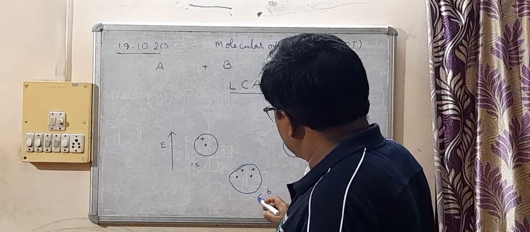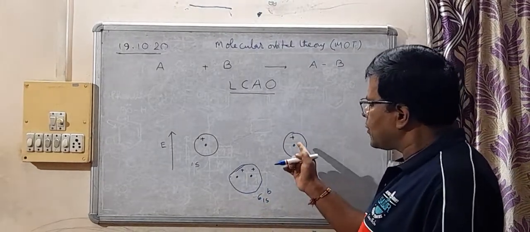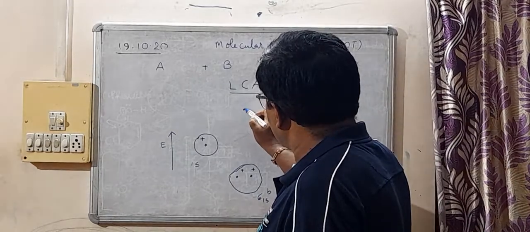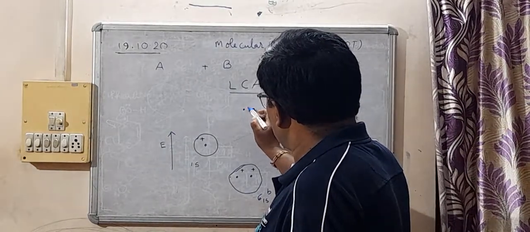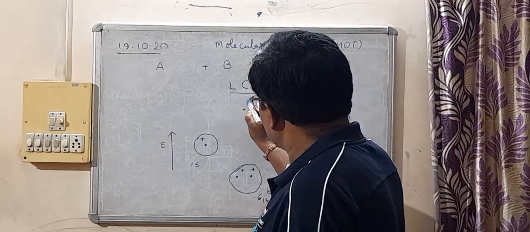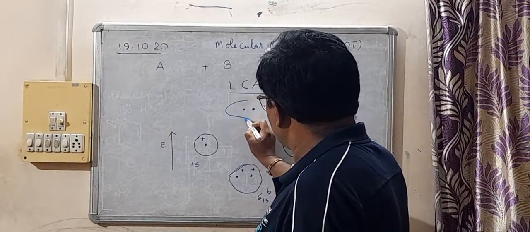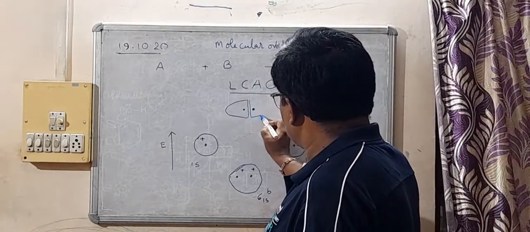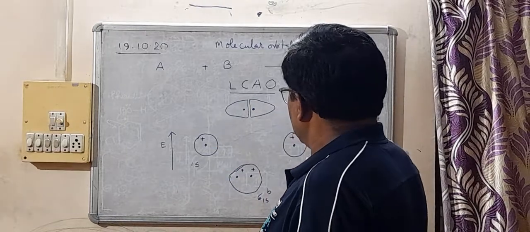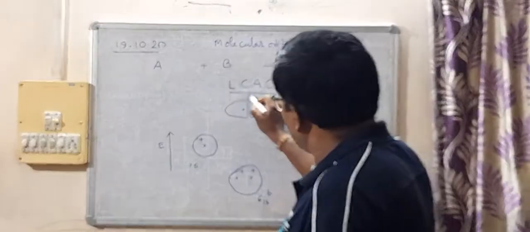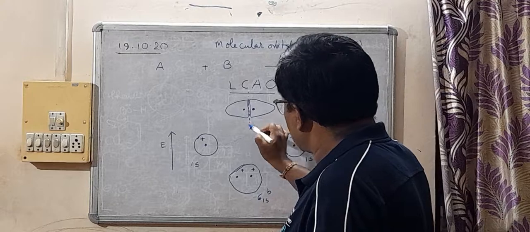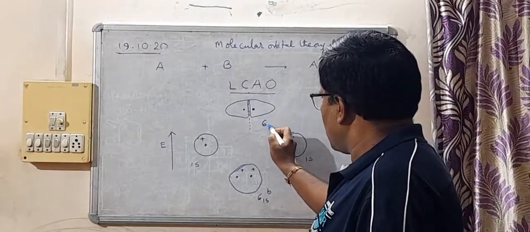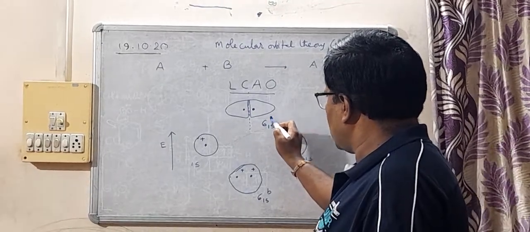And the sigma 1s bonding, and subtraction overlap results in an anti-bonding molecular orbital, where there is a nodal plane here, and this is sigma 1s anti-bonding molecular orbital.